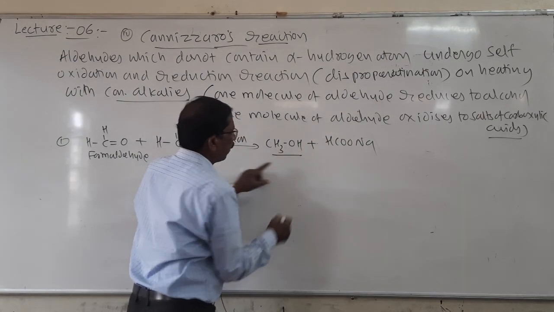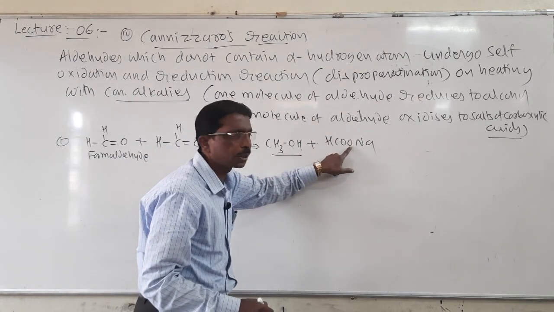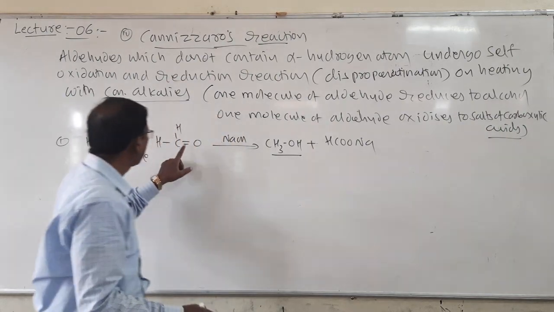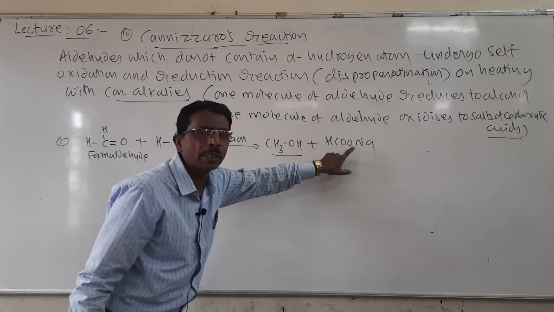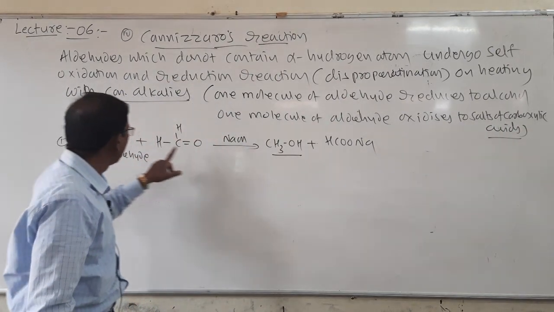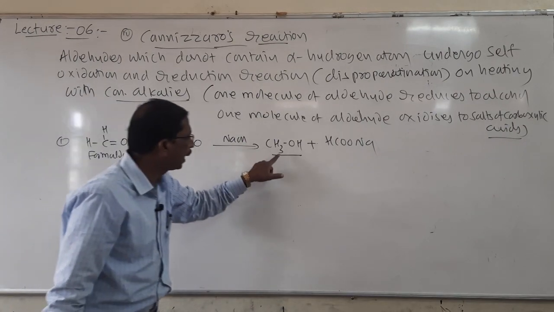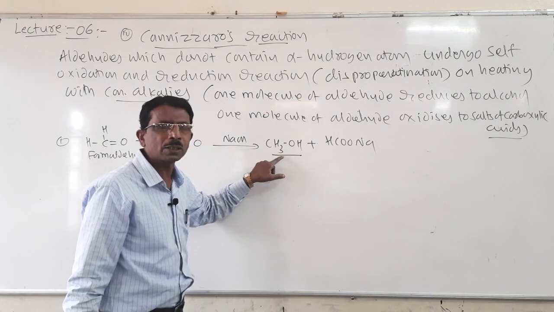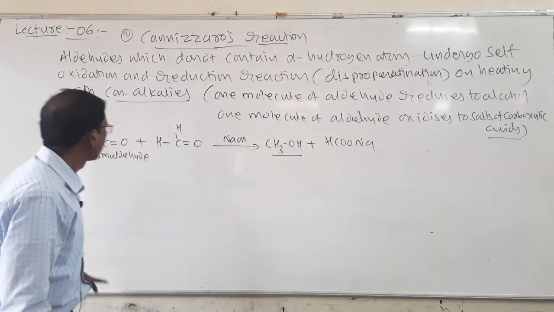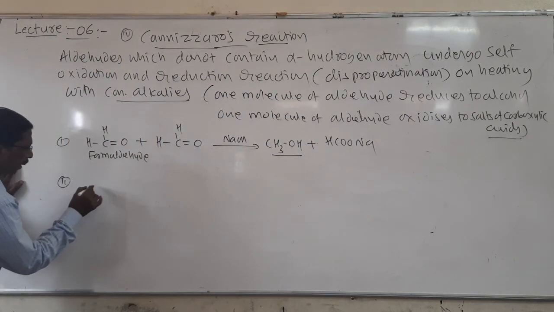Addition of hydrogen is reduction. Addition of oxygen means one oxygen is more. Here it contains only one oxygen, here two oxygen, means it is the oxidized product. And here hydrogen is 3 plus 1, 4, and it is called reduction, addition of hydrogen.